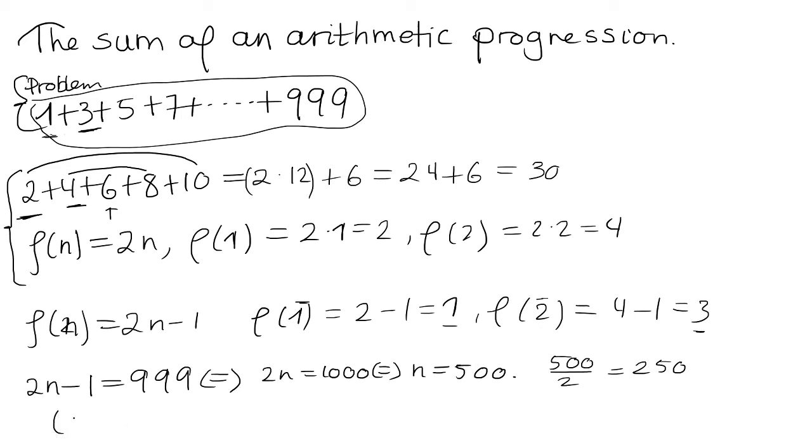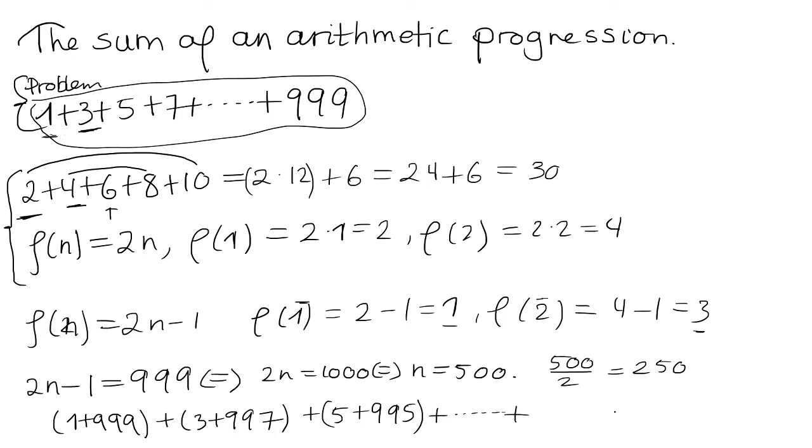And for the first pair, say we take 1 plus 999, the first term plus the last term, then the second term plus the second last term, just as we did in the baby example above. Plus 3 plus 997, plus 5 plus 995, and I think you can see where this is going, and so on.